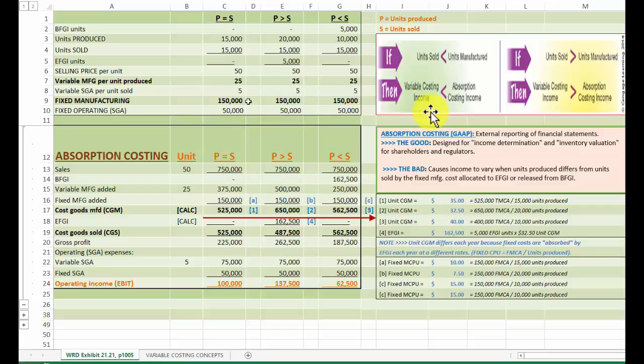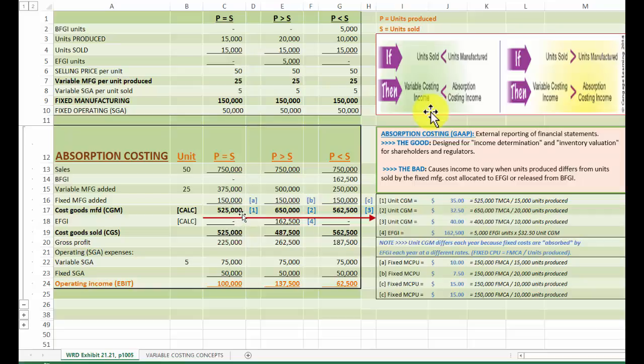We would add the $150,000 of fixed manufacturing for total costs added and total cost of goods manufactured of $525,000.